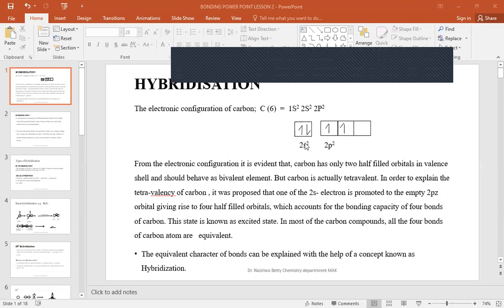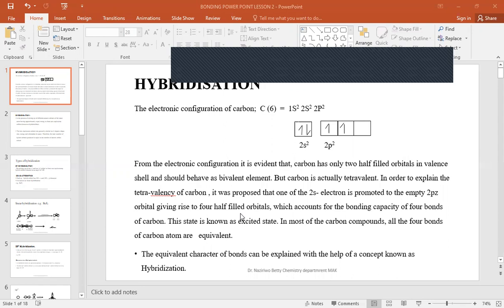One of the electrons in the 2s orbital is promoted to the empty p orbital, resulting into 4 unpaired orbitals. This gives rise to the 4 half-filled orbitals, which accounts for the bonding capacity of the 4 bonds in the carbon. This type of state is known as excitation.